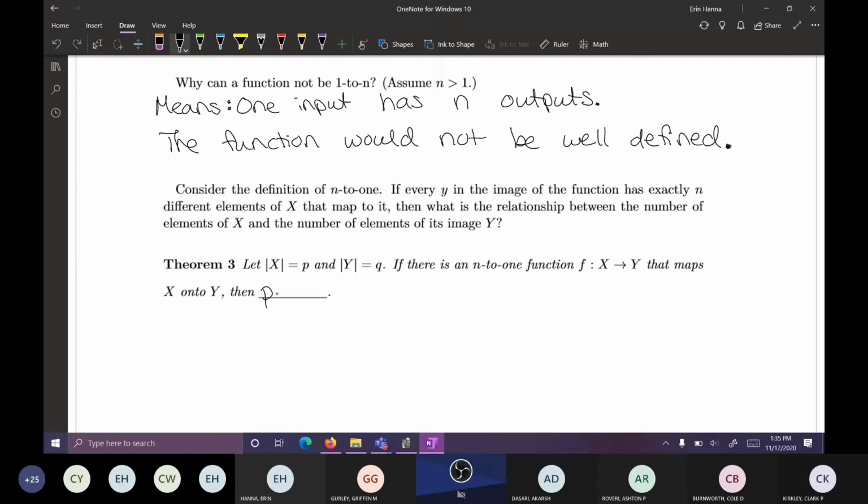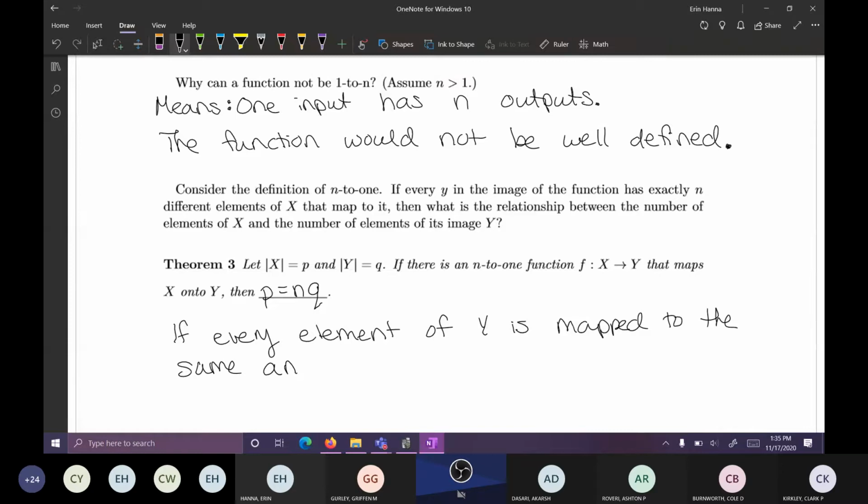What's going to need to happen is that the number of elements in your input set is going to have to be n times the number of elements in your output set, which makes sense because if every element of Y is mapped to the same number of times, which would be n times, this makes sense.